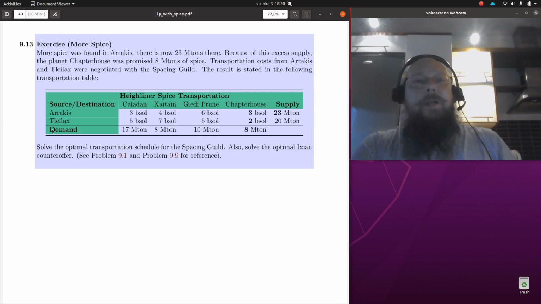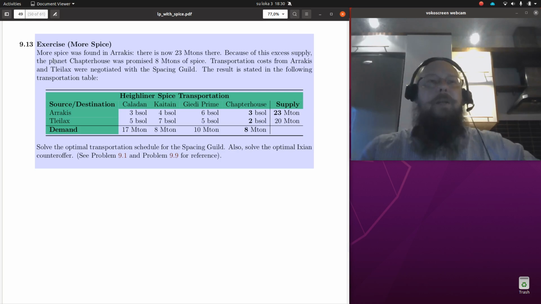There was more spice found in Arrakis, so there are now 23 megatons there, and now we have excess supply, but we want to keep things balanced. This excess supply, it was 50, now it's 23. I hope that 23 minus 15 is 8. So there is an excess of 8 megatons of spice, and this excess supply was promised to the planet Chapter House.